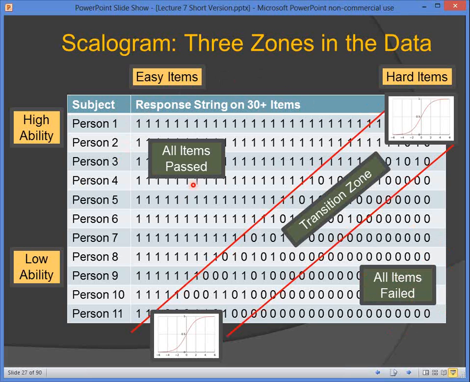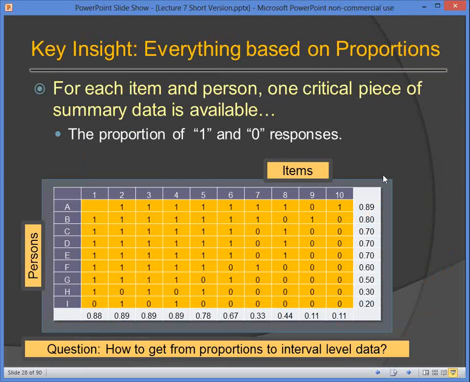So we have a lot of predictability over here on the edges, and we have a situation here in the middle, which is a transition zone, where the difficulty of the items is approximately equal to the ability of the subjects, and we have this zone of chaos here in the middle. The question for us is, how do we turn this qualitative data that consists of ones and zeros into a scale that has equal intervals and this property of additivity that is so fundamental to measurement?